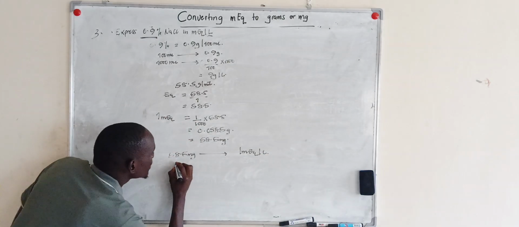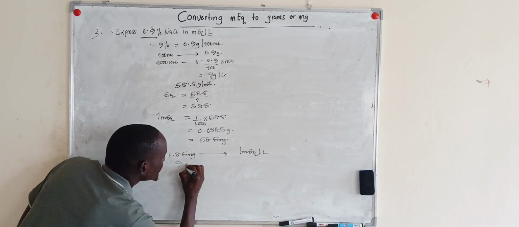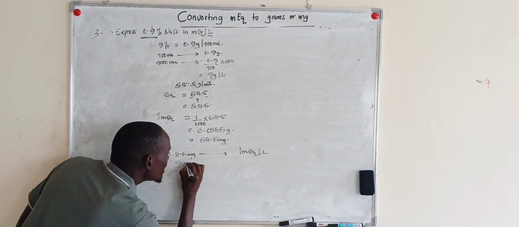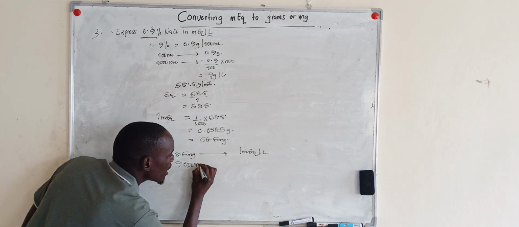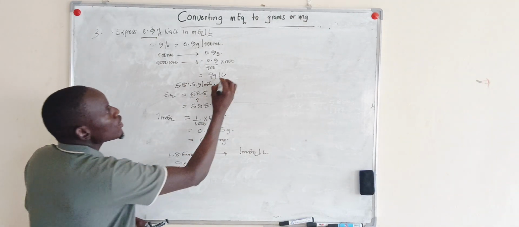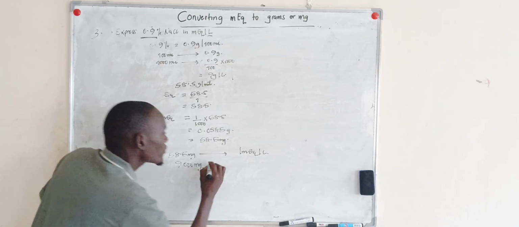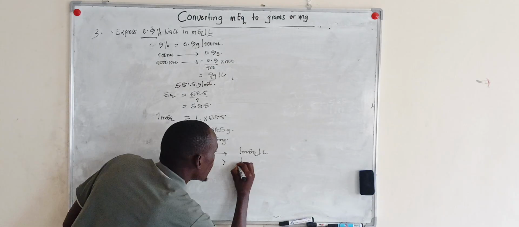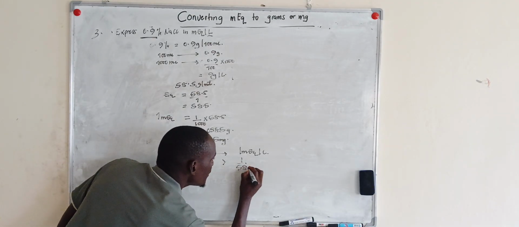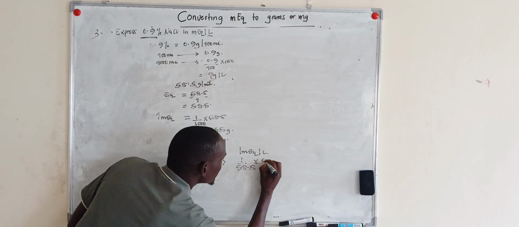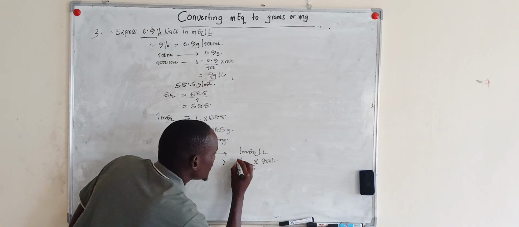How about the 9 grams, which is 9,000 milligrams, because the units have to match. We multiply this by 1000 to convert to milligrams. So this will be 1 out of 58.5 times 9,000.